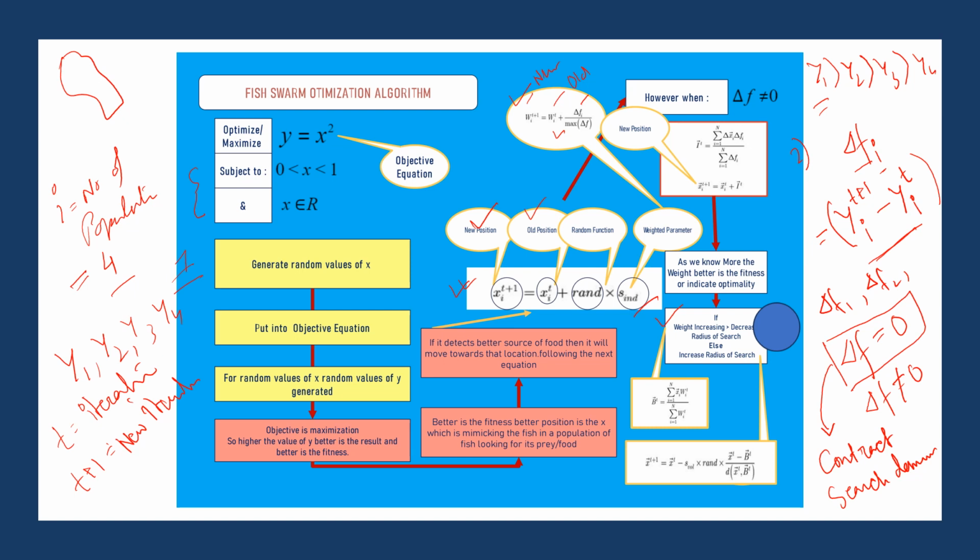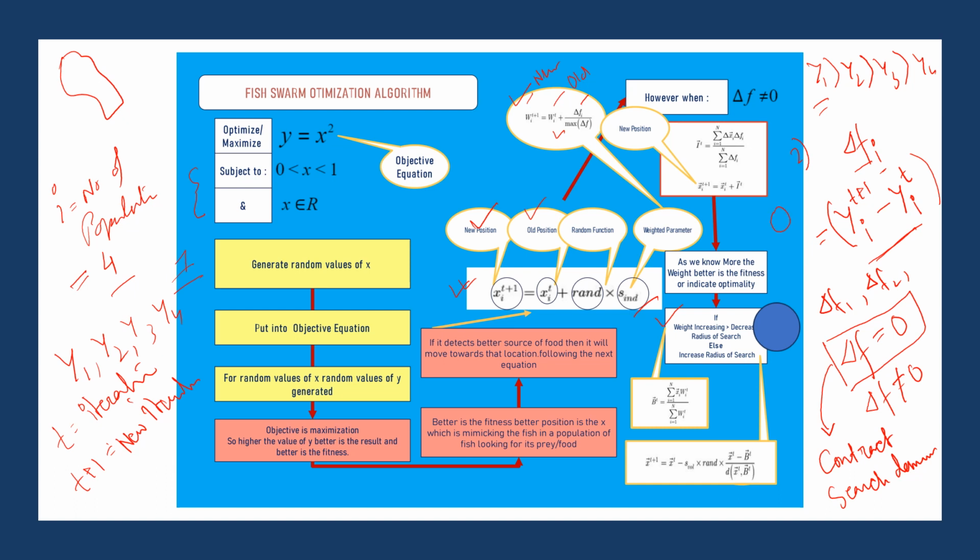Dominant values of x means only those values of x on which we want to concentrate, or narrow down our search, for which y is the maximum of all the x for all cases. Okay, so to do that we have to contract the domain.